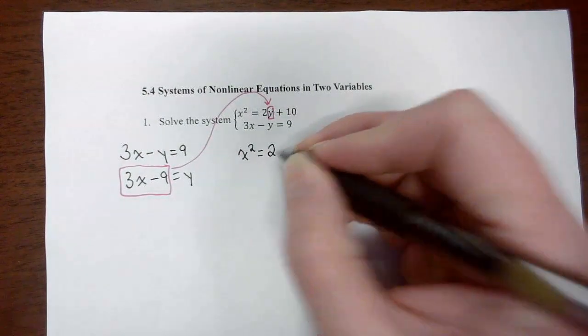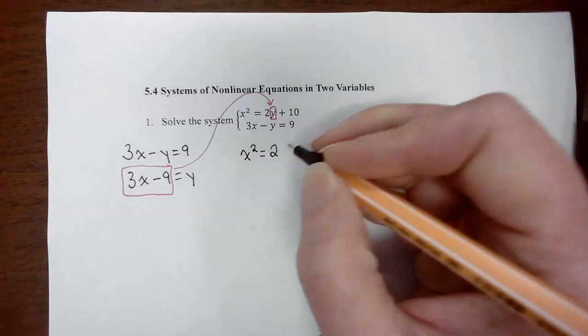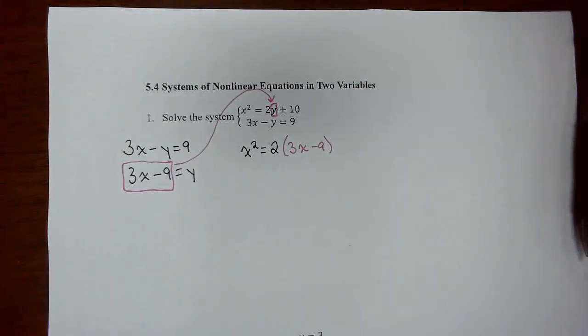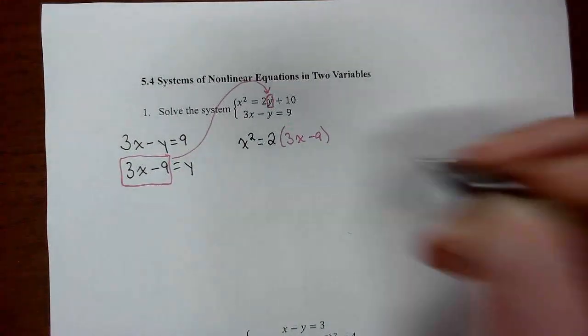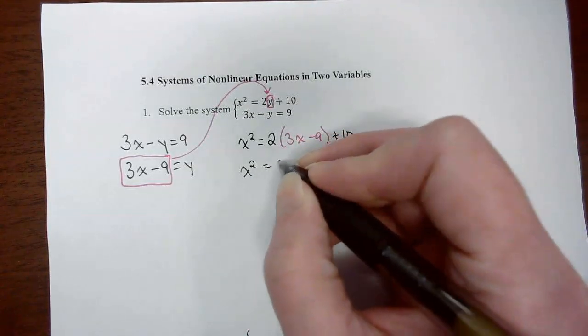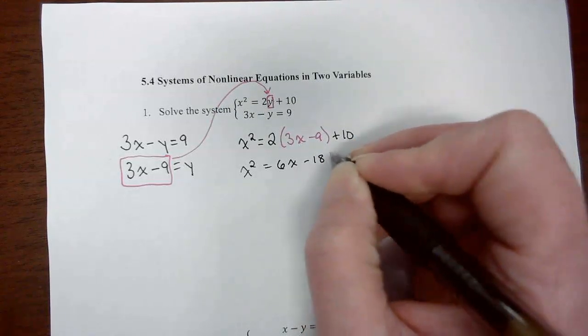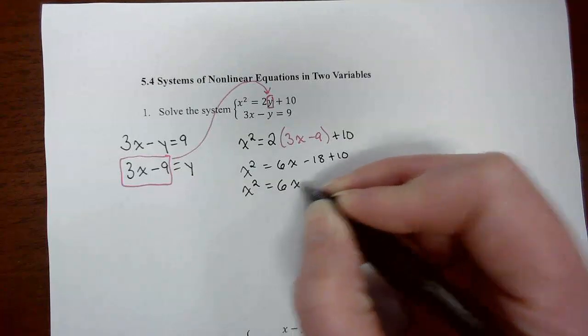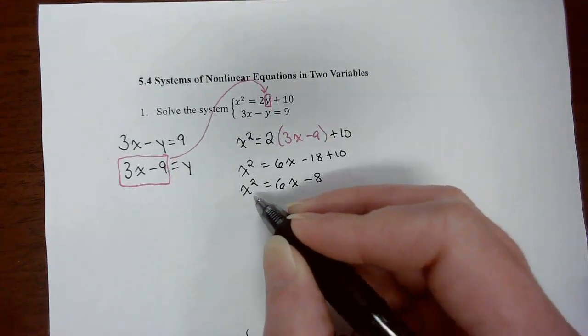So I'd have 2, and then instead of y, I'm going to put 3x minus 9, and then there was a plus 10 at the end. The next thing I would do is distribute. Now I've got a quadratic.